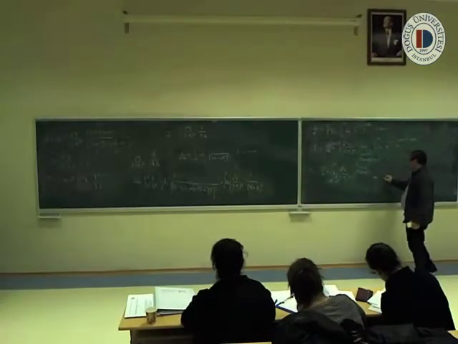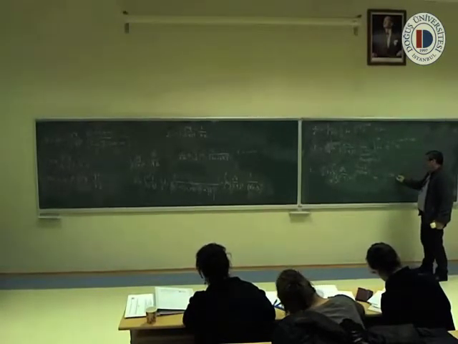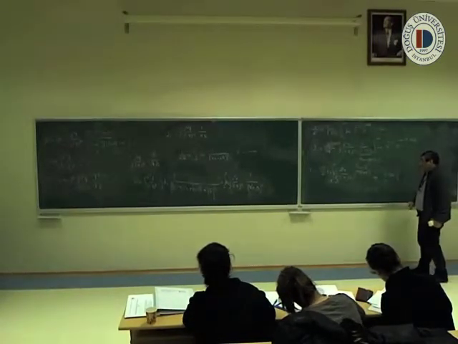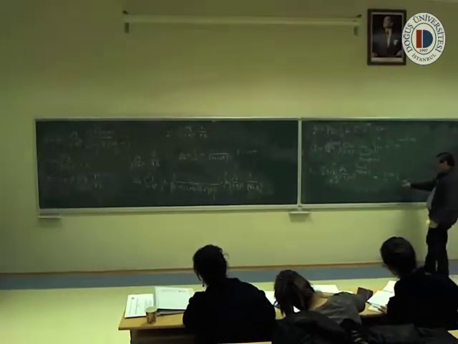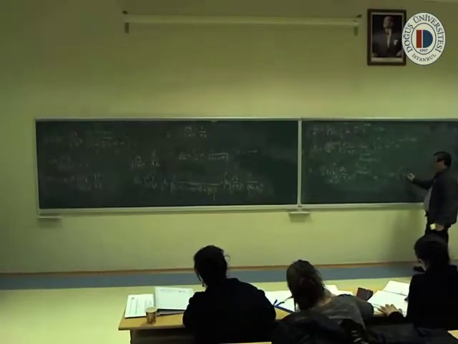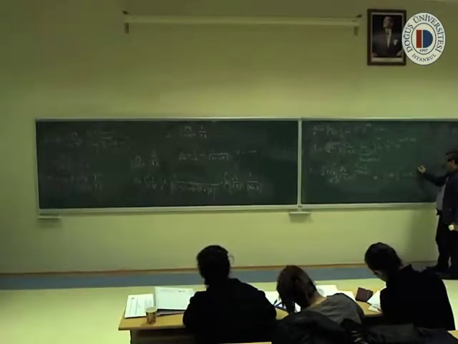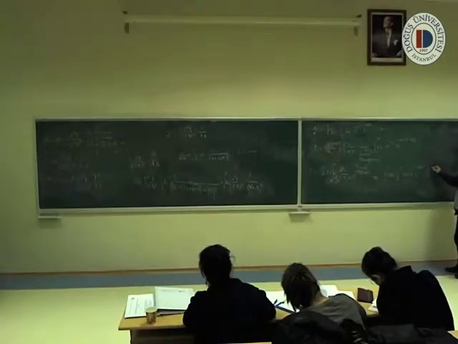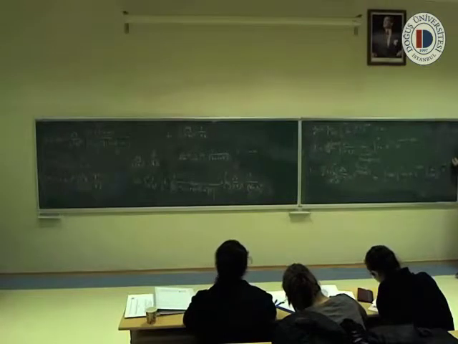Now I can write it as the integral from 0 to 1 dx, the integral from 0 to infinity d alpha e to the power minus alpha delta, and d4k over (2 pi)^4 e to the power minus alpha k squared.